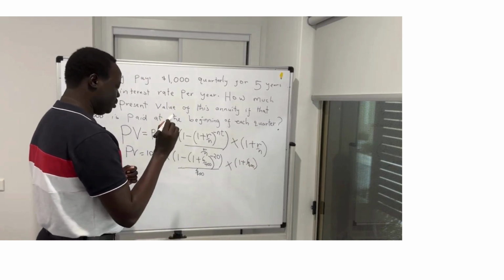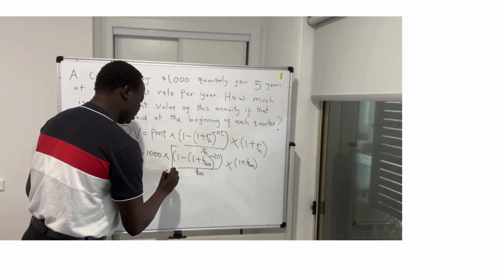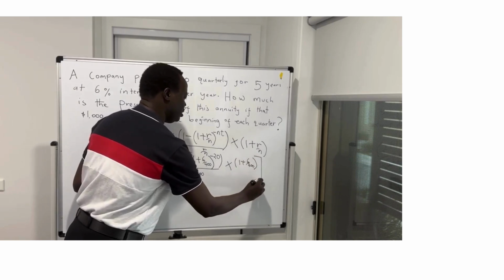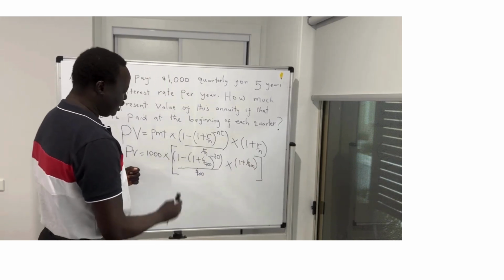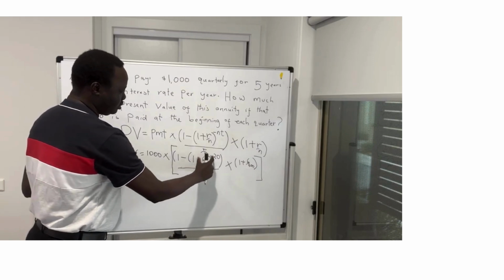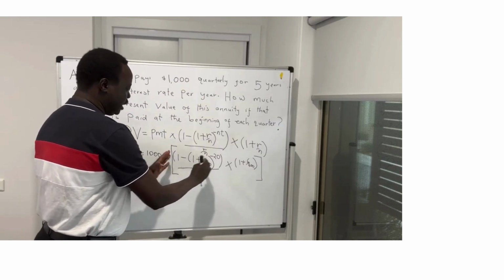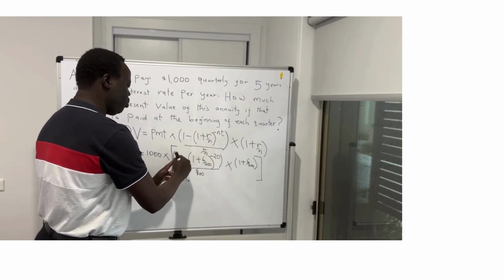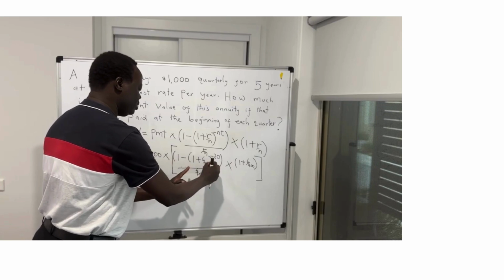Now let's put this square bracket here. You work out this part first, and then 1 minus whatever you got here.